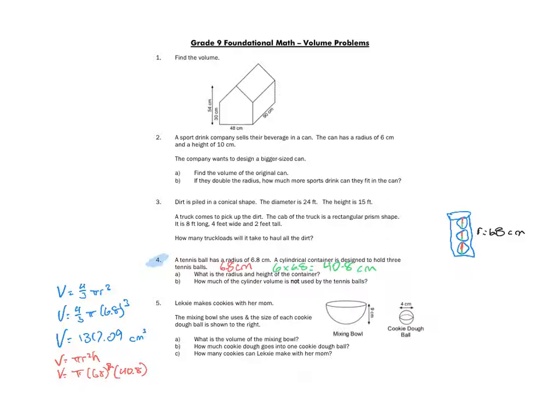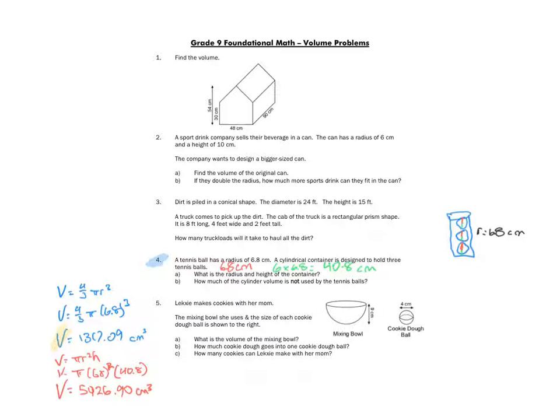So we have pi, we have 6.8 squared, and then we have 40.8. And what we get is 5,926.90 centimeters cubed.